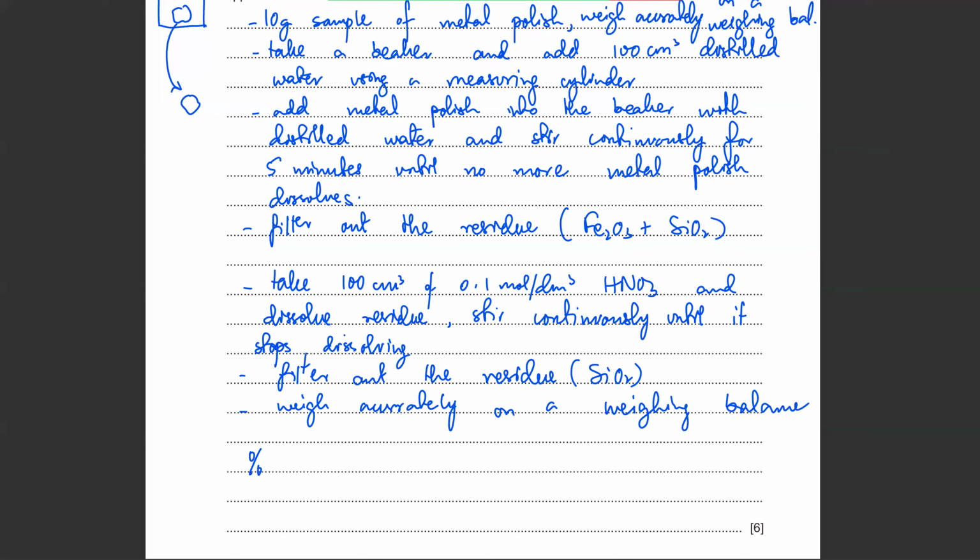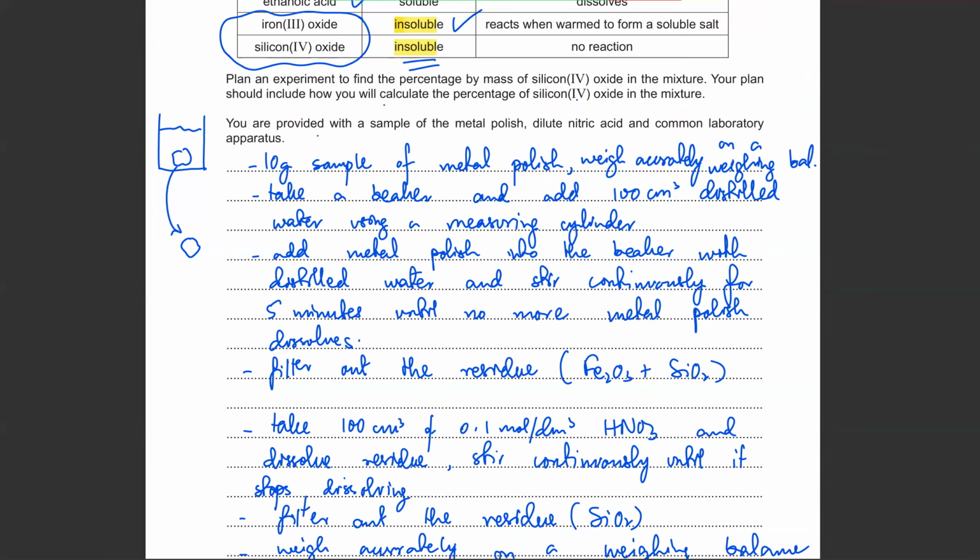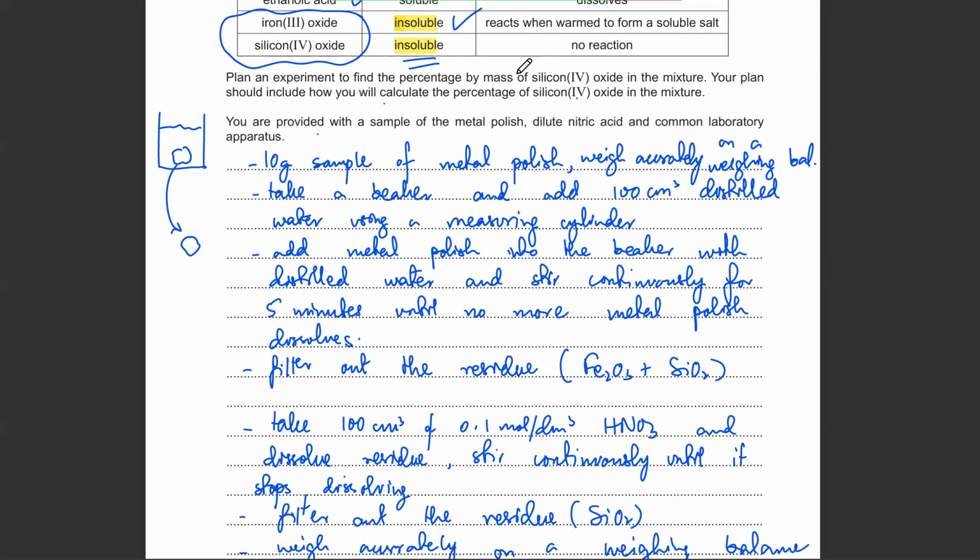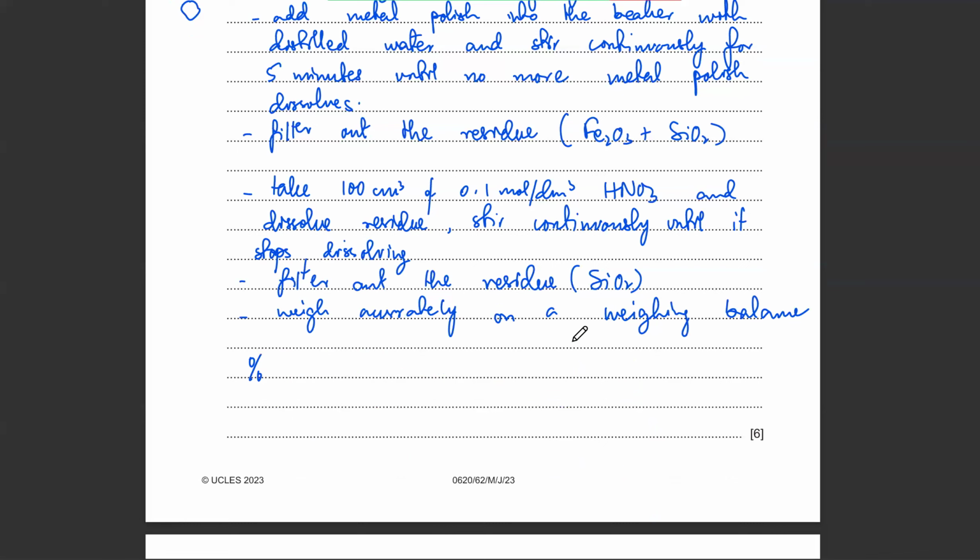What percentage did we find? Percentage of SiO2 in the sample. That's going to be the mass of SiO2 divided by the mass of polish, and then multiply by 100. That's it.